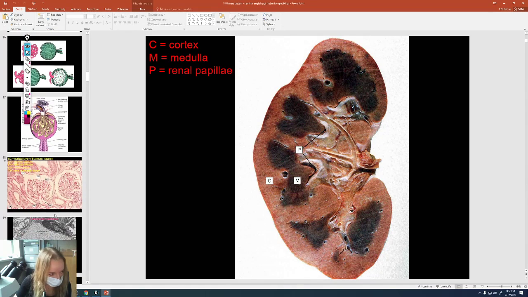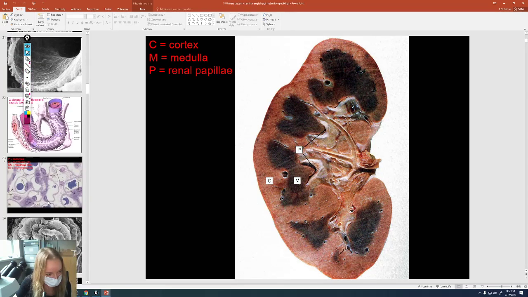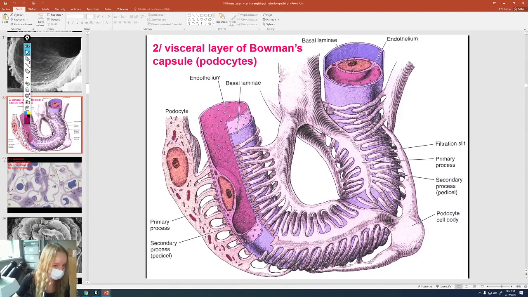Here, I like this picture. It's very pretty because you can see here is the nucleus of the podocyte, and the podocyte has primary processes like this and secondary processes called pedicels.